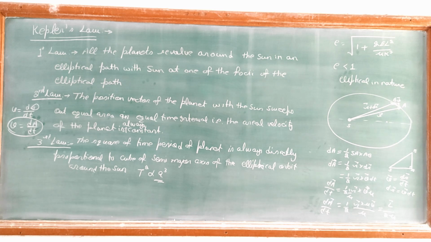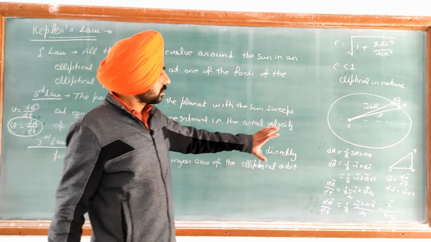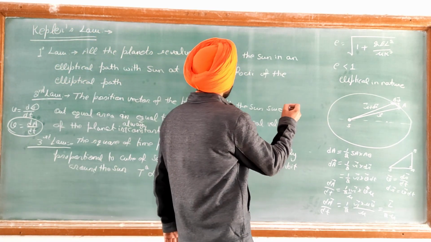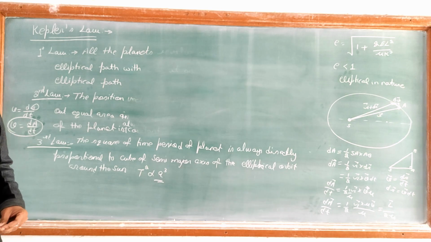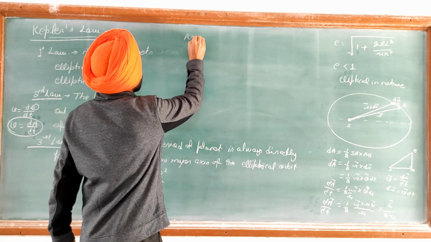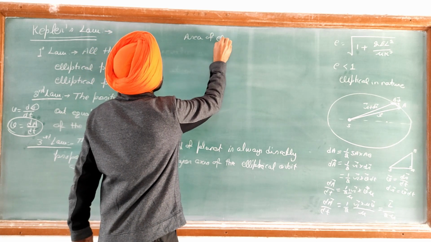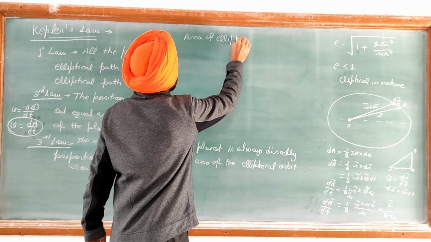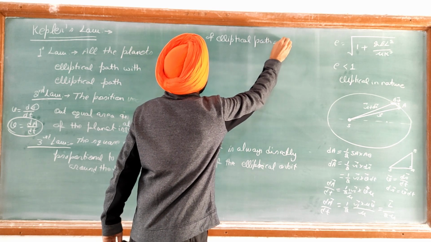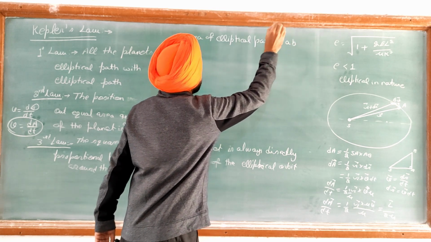Now in this elliptical orbit, we know the area of the elliptical path is pi a b.